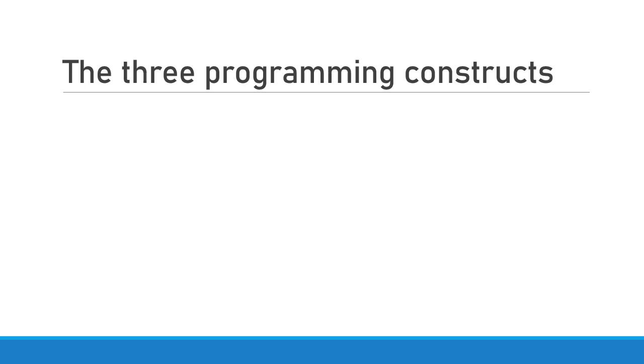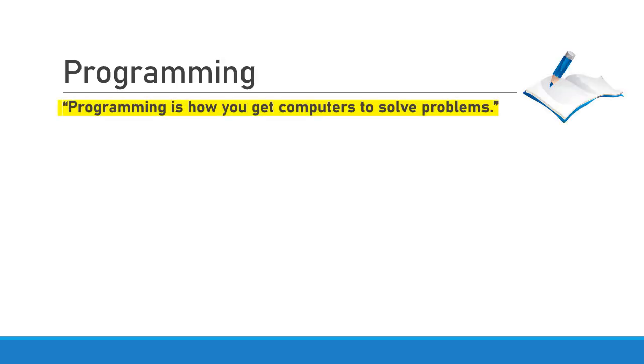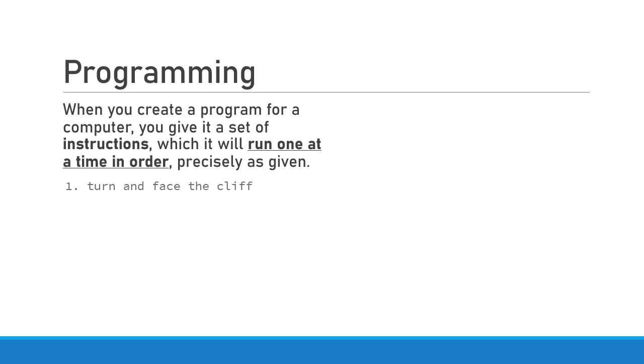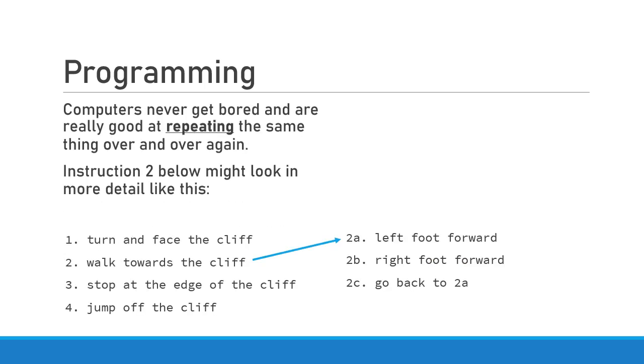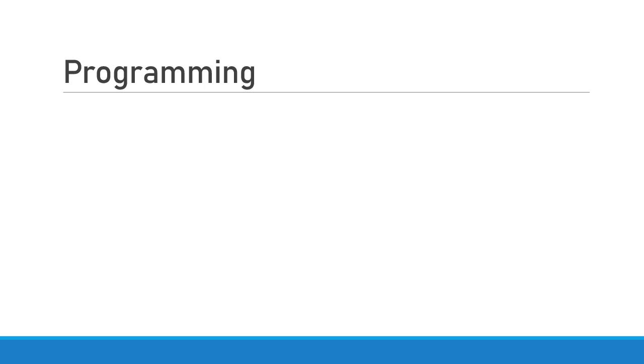Last year, remember, we talked about the three programming constructs. We talked about how programming is how you get computers to solve problems. We also talked about how computers are just robots that can only do what you tell them to do. And regardless of what it is that you get them to do, you can always get them to start repeating things because they never get bored at repeating.